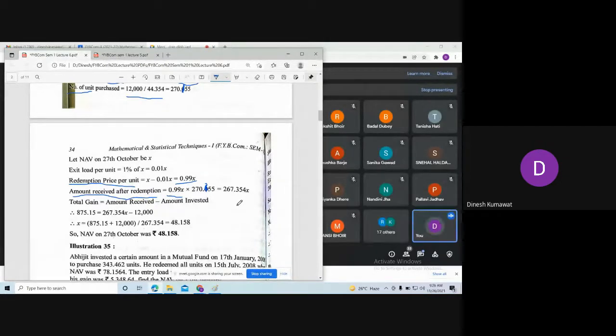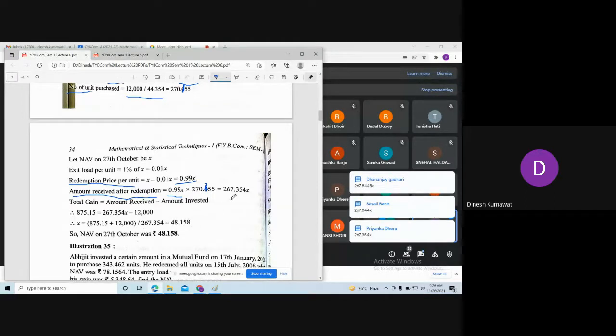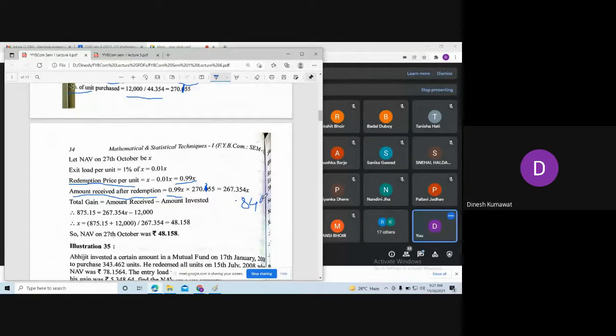Yes, Mansi, you need to multiply that number by x. So which value should I consider? Let us consider 267.844. If you want, you can consider the decimals along with it, times x. Okay, so this is our answer for amount received.